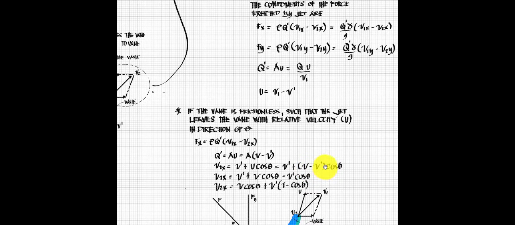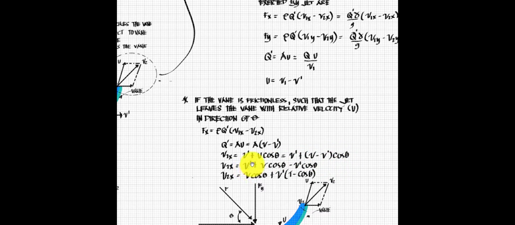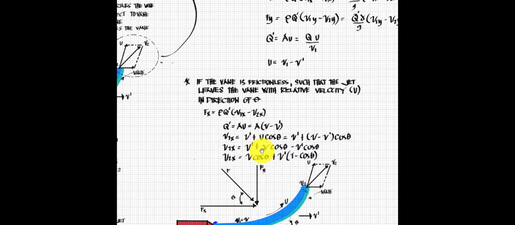Then we shall multiply this one by the cosine of theta. Now, for the velocity of the vane plus the, I'll distribute it here in the equation. Then we have the velocity of the jet times the cosine of theta, then minus the velocity of the vane times the cosine of theta.